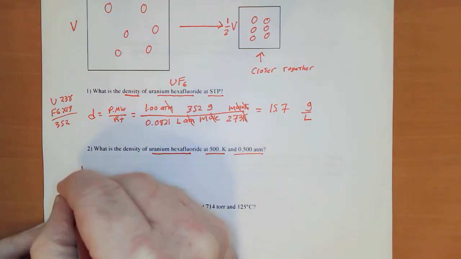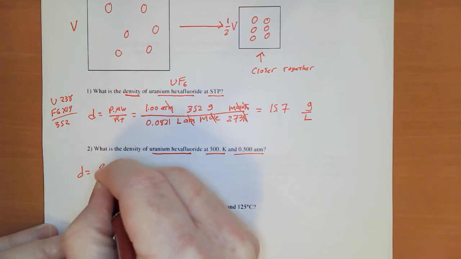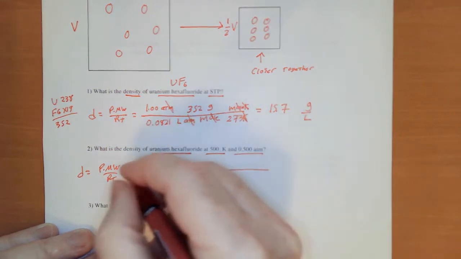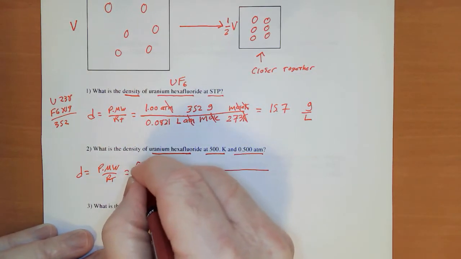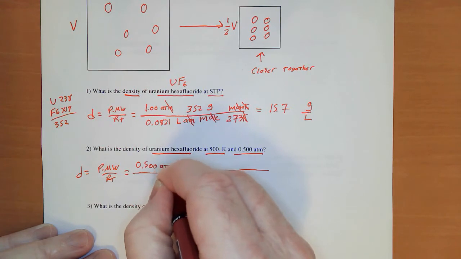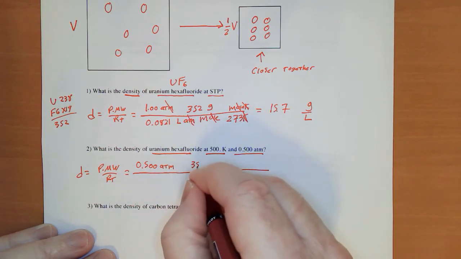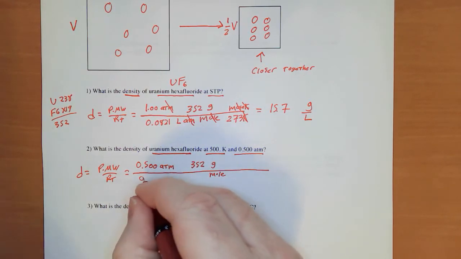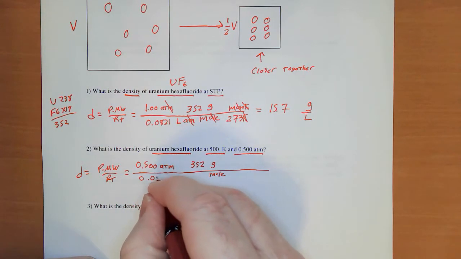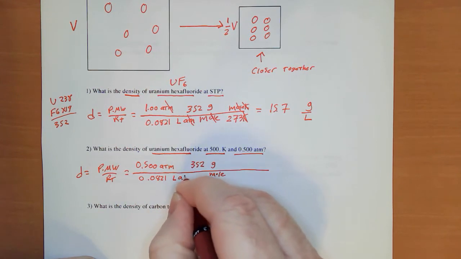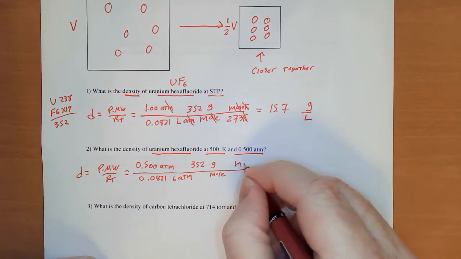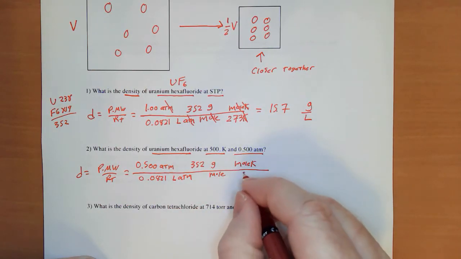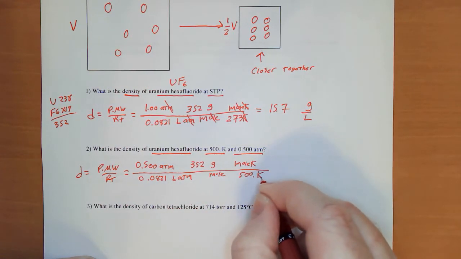So density equals pressure times molecular weight over RT. My pressure is 0.5 atmospheres. Same gas, so 352 grams per mole. R is 0.0821 liter atmosphere per mole K, and 500 Kelvin, much higher temperature.